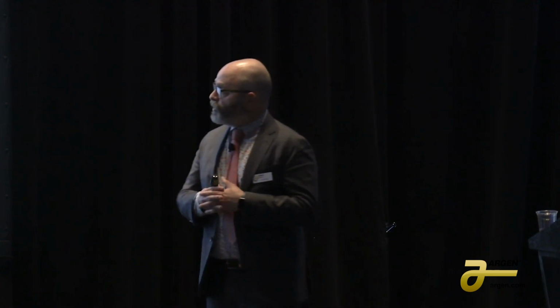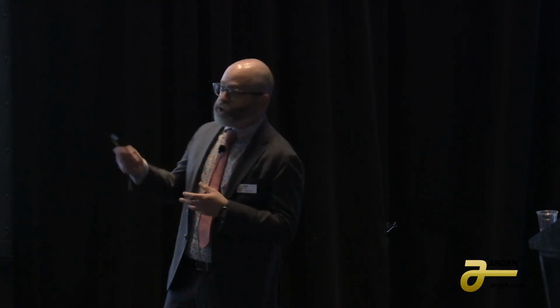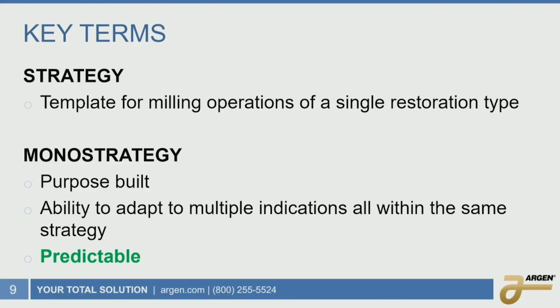So the first key terms that we're going to talk about are strategy and monostrategy. So strategy from a large general overview is basically just a template for milling operations for a single restoration type. What Some 3D and both Mailbox use is a monostrategy. So it is a strategy that is purpose-built, and it has the ability to adapt to whatever restoration type you're using.